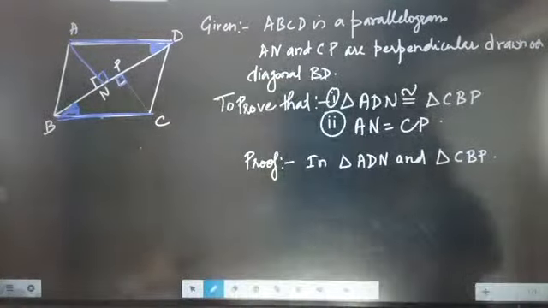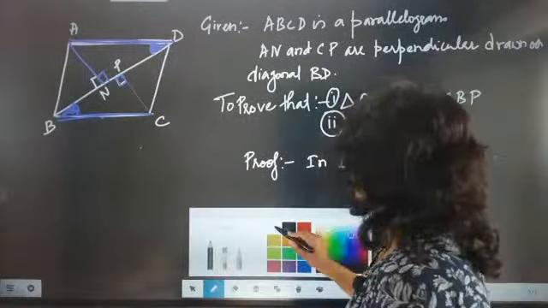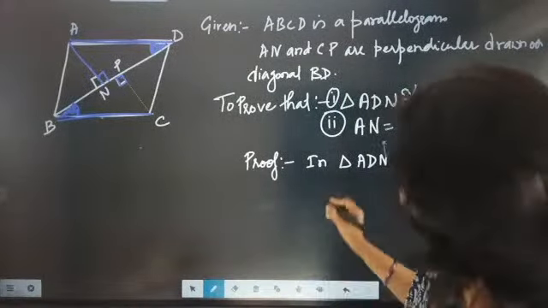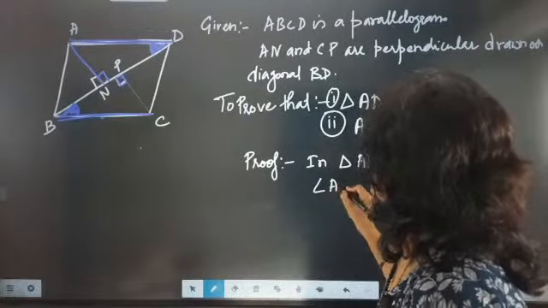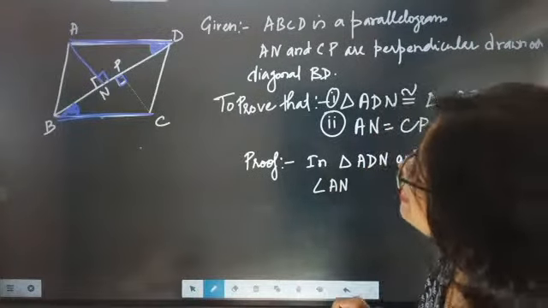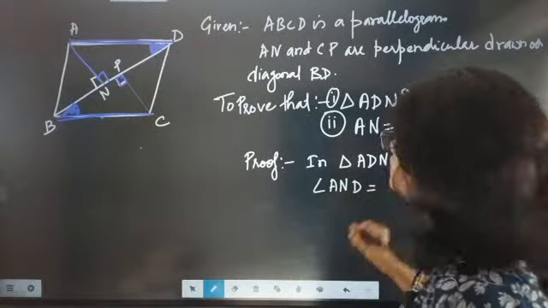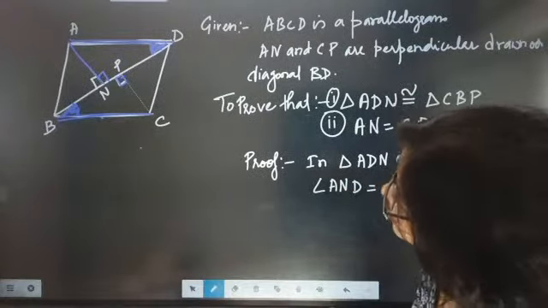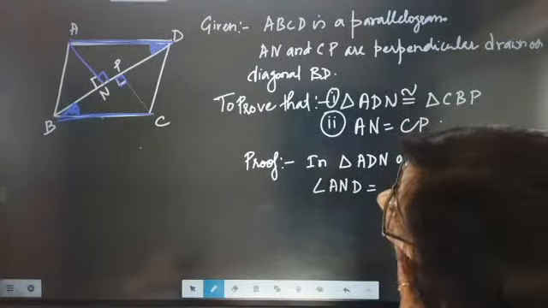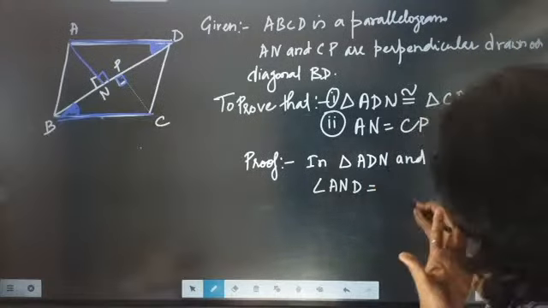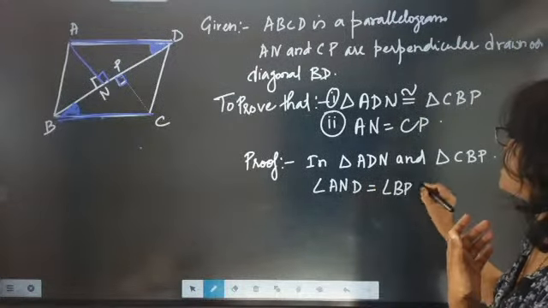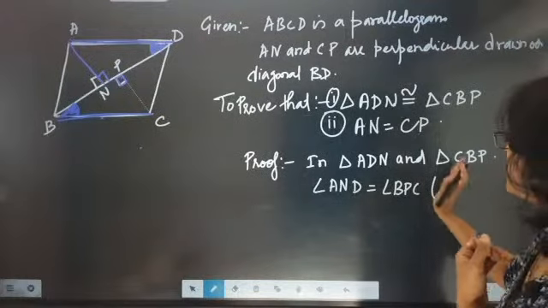Okay, so now the first strategy is we are going to write angle AND will be equal to angle BPC, equal to 90 degree.